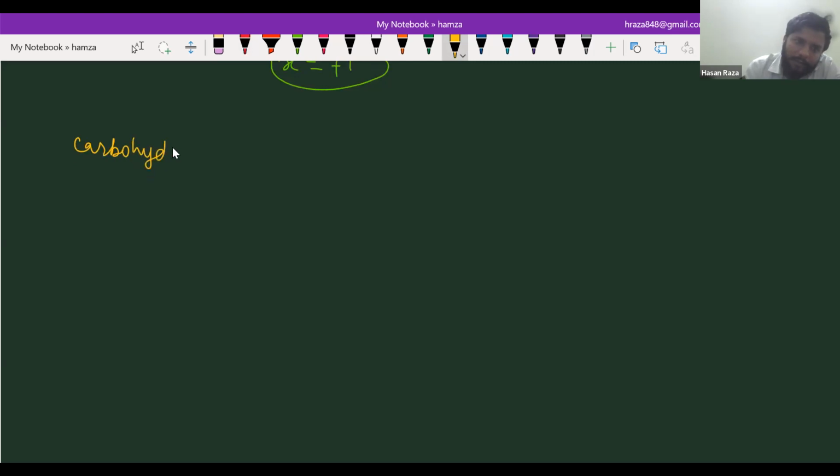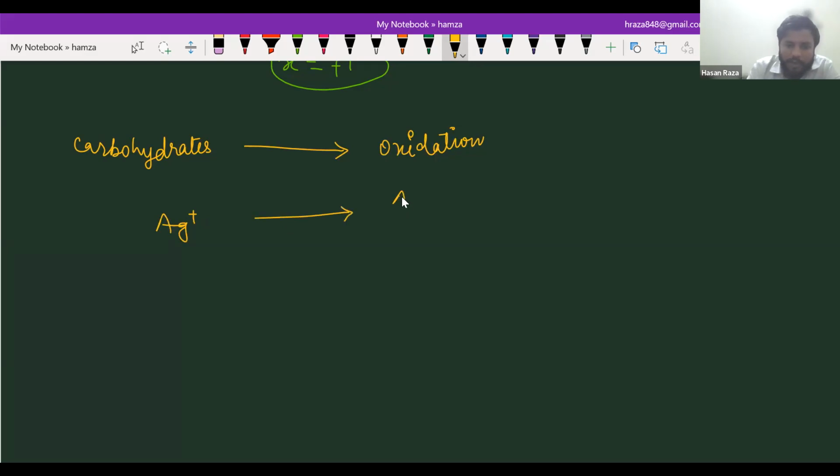If you put ammoniacal silver nitrate, or Tollens' reagent, on carbohydrates, the carbohydrate oxidizes and the Ag+ is reduced. Ag+ will be converted into Ag, also known as silver metal, a precipitate.